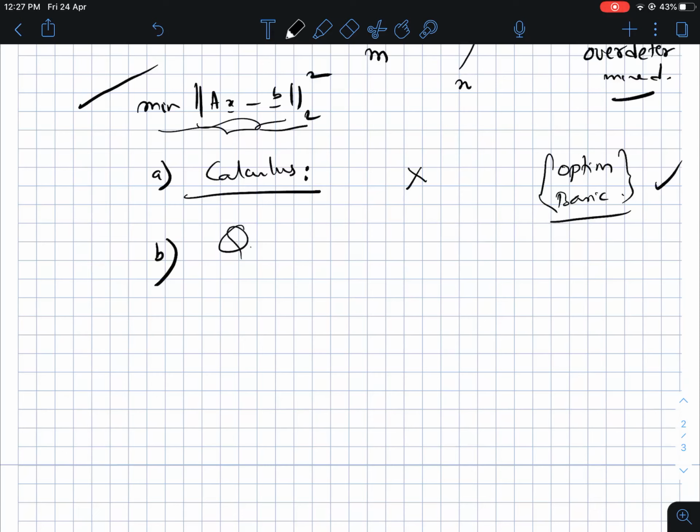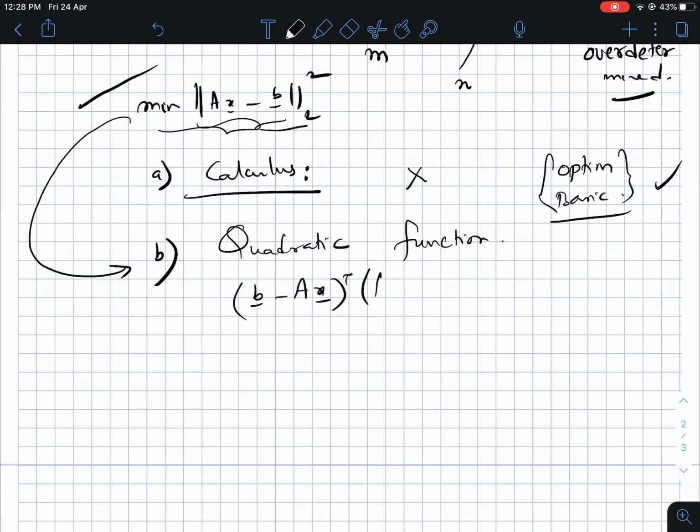The other approach we already discussed is to treat this as a quadratic function. When you have a norm squared, the natural thing to do is to write it as a transpose. So we write it as (b minus Ax) transpose times (Ax minus b), expand the whole thing, and the result is a quadratic function. Then you can minimize quadratic functions with the trick of completing the square.